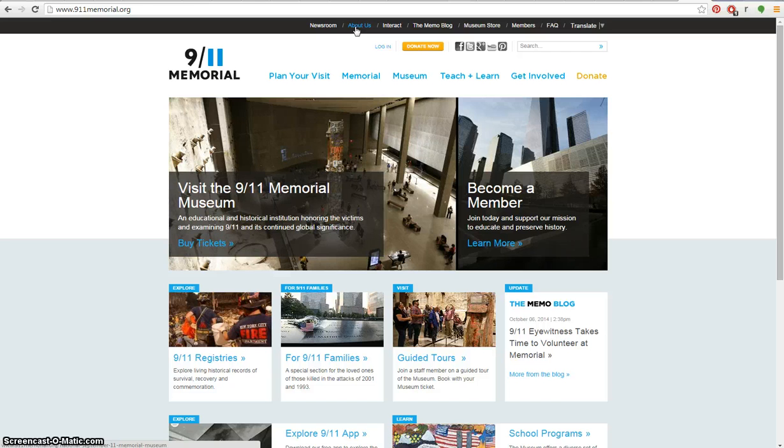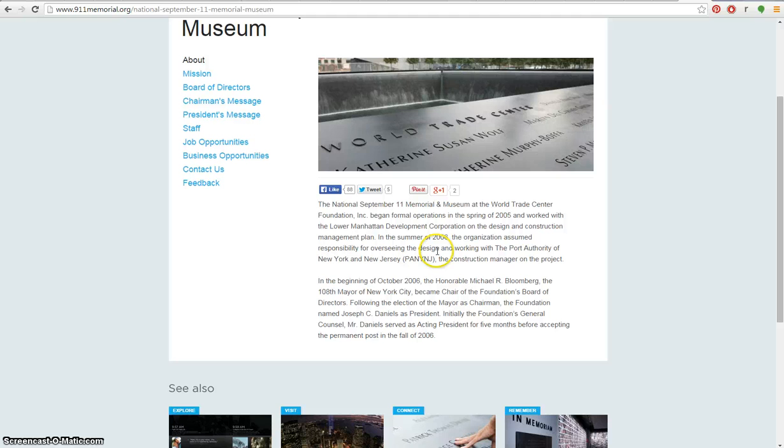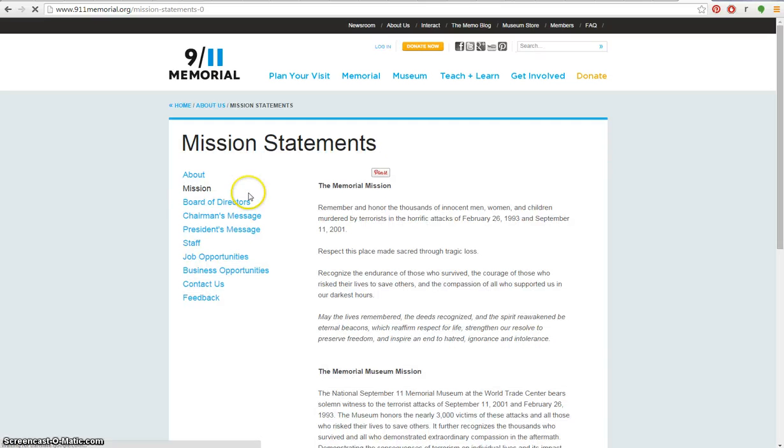If you click on About Us, that's always another good step to take. And it says here, the National September 11 Memorial and Museum at the World Trade Center Foundation Incorporated began formal operations in the spring of 2005. Okay, they are the ones that designed and built this project. Another place to look for on a website like this is Mission.